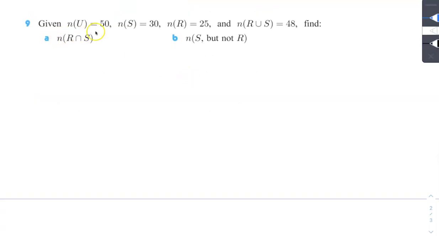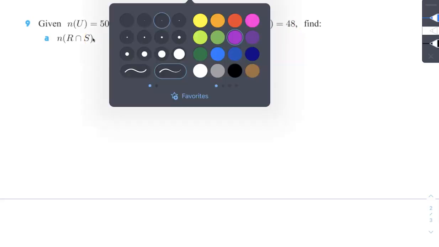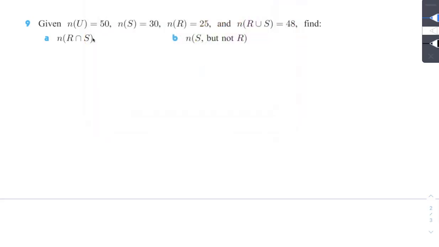Given the universe is 50, S is 30, R is 25, and R union S is 48. Find the intersection. Okay.